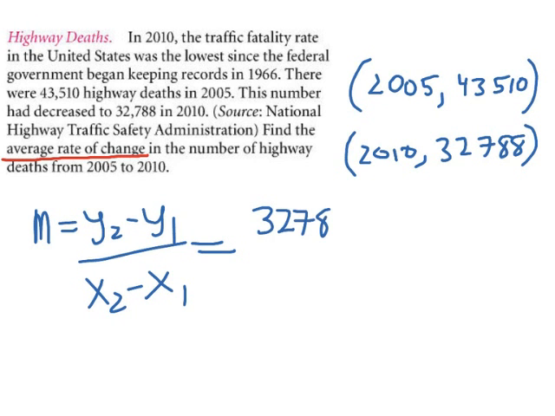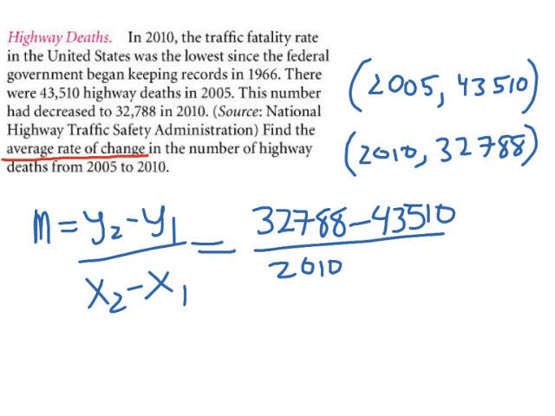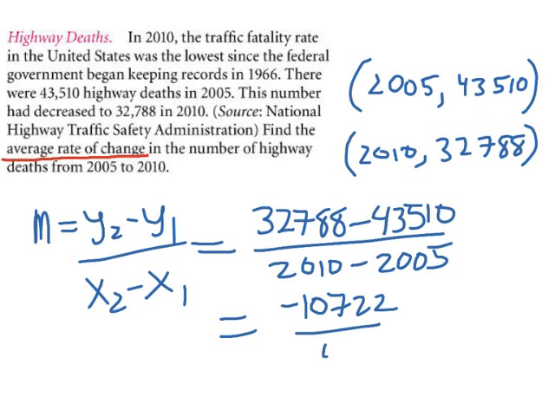32,788 minus 43,510 divided by 2010 minus 2005. Grab my calculator here. I get negative 10,722 divided by 5, which is a perfectly correct answer. But I think in this problem I would actually divide by the 5 and see what I get.